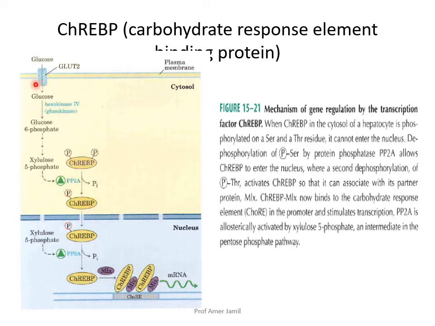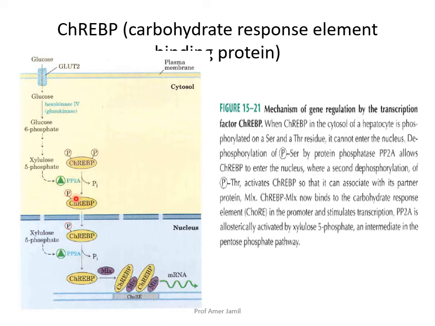This is one of those. So once glucose is inside the cell, it goes through certain transformations, and finally it can dephosphorylate this carbohydrate response element binding protein to some extent so that it can cross the nuclear membrane.